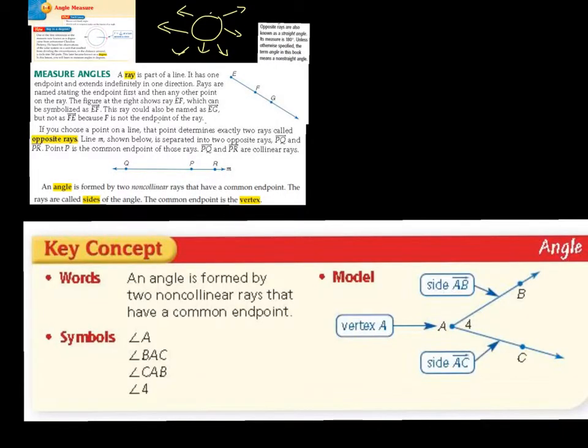So in this we have the vertex at A, and it's made up of ray AB as one side and ray AC as the other. You could name this angle A, angle BAC, or angle CAB. The vertex needs to be in the middle if you use three letters, or if they number it, angle 4.